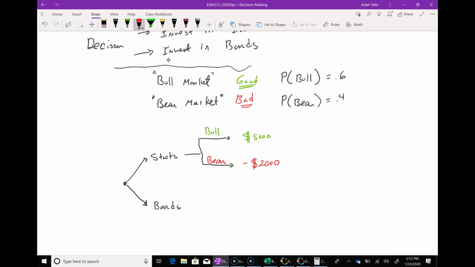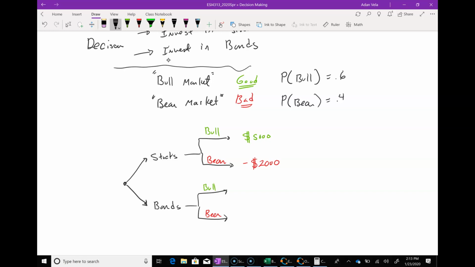Now, bonds, I said they're a little bit safer. So we're going to go through the same process. We say, all right, we invested in bonds. We have two possible outcomes that could occur. Again, we have the bull and the bear. And we should actually associate the probabilities with that.